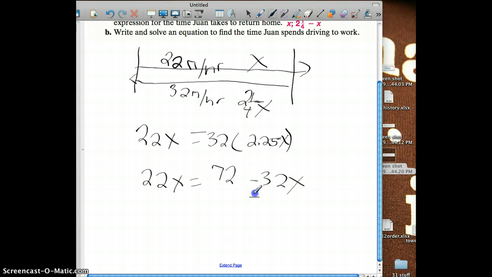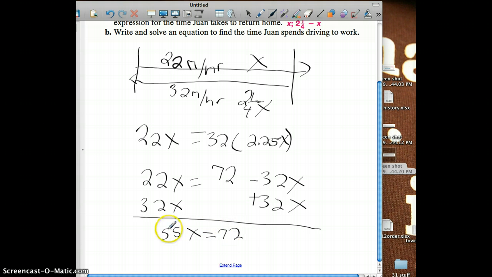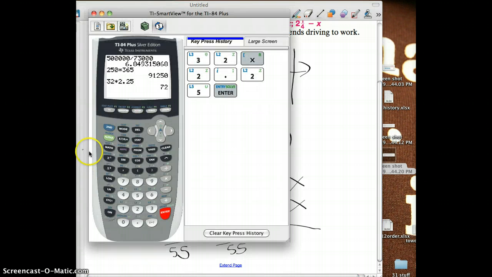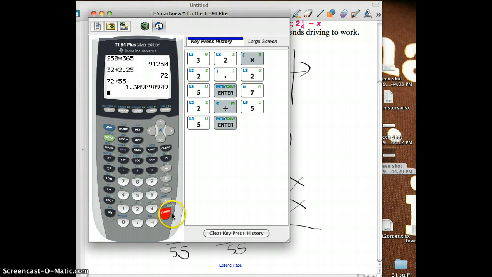I'm going to add 32x to both sides, and I'm left with 55x equals 72. 72 divided by 55, again, where's my calculator? 72 divided by 55 gives me 1.30.